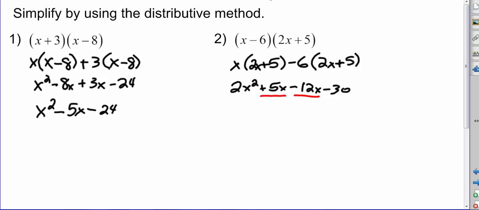We've got 2x squared, and then we've got a negative 30. We need to do one more step and actually write this in standard form. So we've got 2x squared, and we're going to end up with a negative 7x and a negative 30. And so now we're done with that problem.